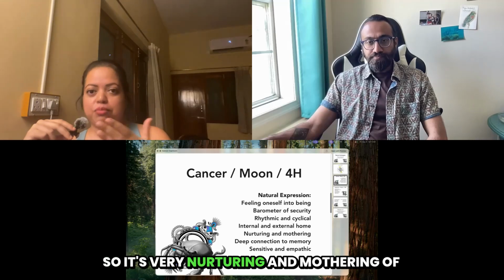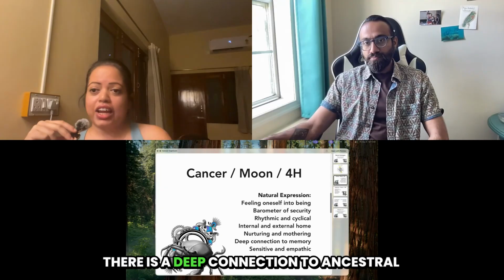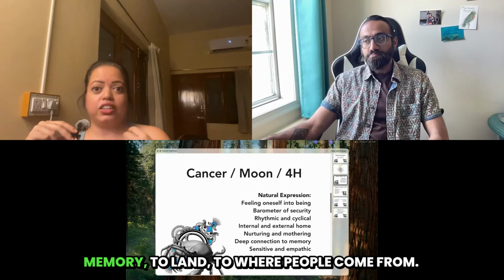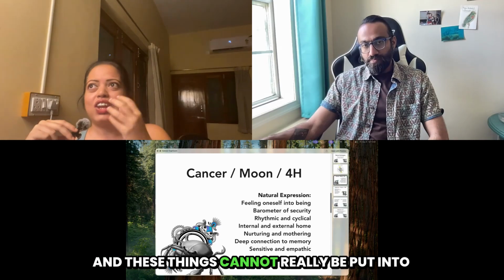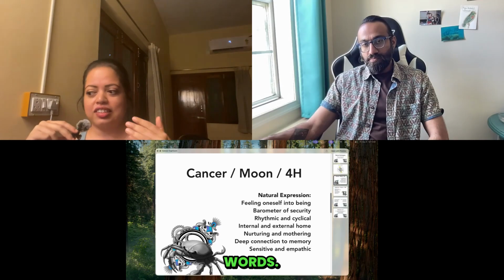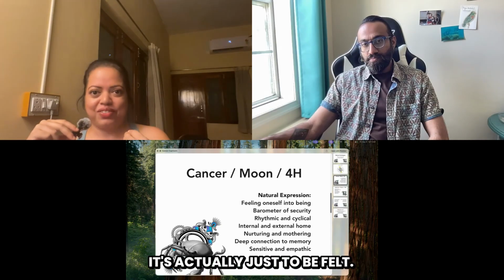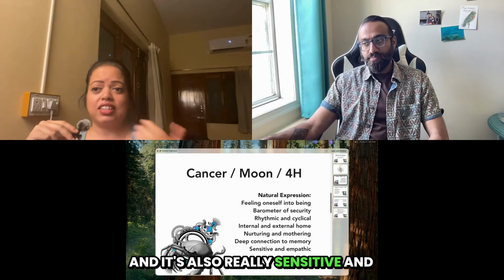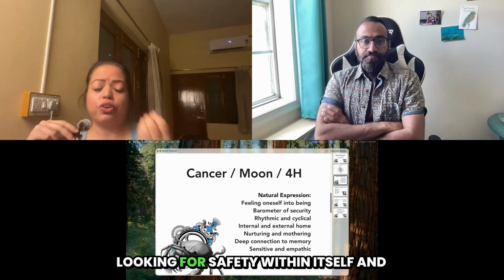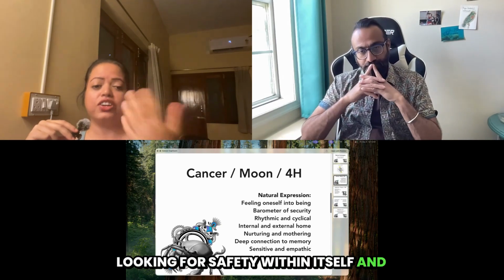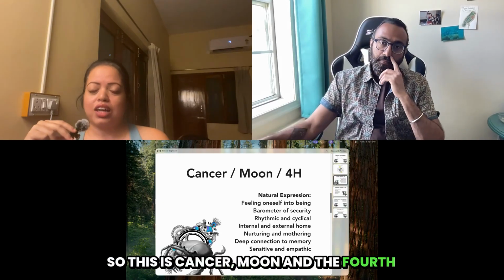So it's very nurturing and mothering of itself and others. There is a deep connection to ancestral memory, to land, to where people come from. And these things cannot really be put into words. This is not something to be articulated, this archetype. It's actually just to be felt. And it's also really sensitive and empathetic, of course, because it's always looking for safety within itself and nurturing others as well. So this is Cancer, Moon, and the fourth house.